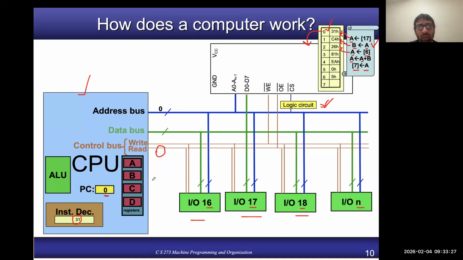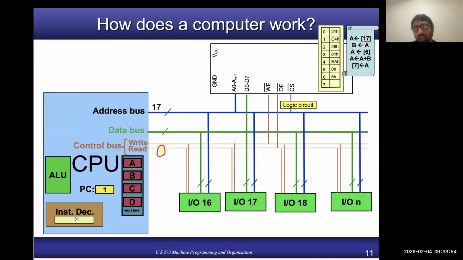So PC is incremented. Remember, after every instruction, you increment the PC. But before you place 1 on the address bus, you first put the 17. Why? Because the instruction you decoded says read the data from address 17. So the CPU places 17 and enables the read signal again.